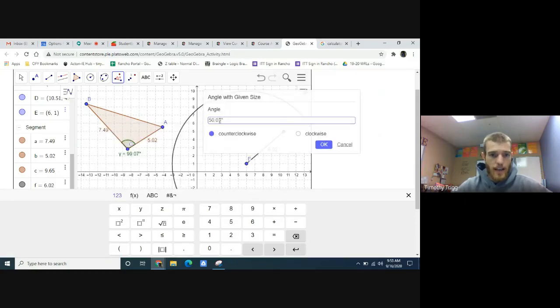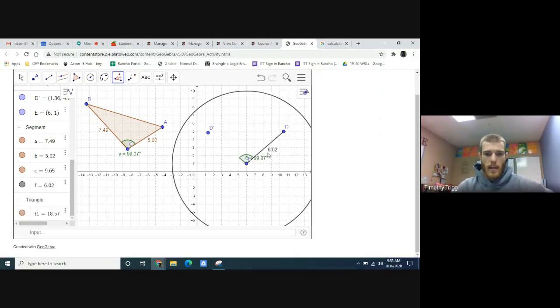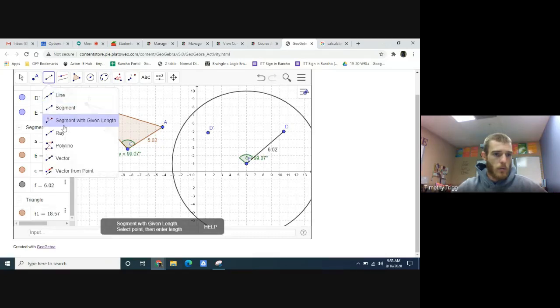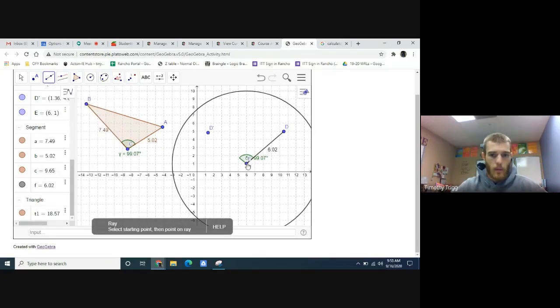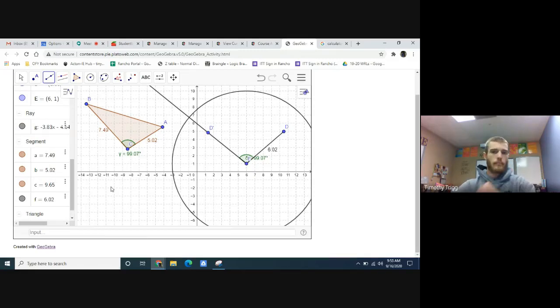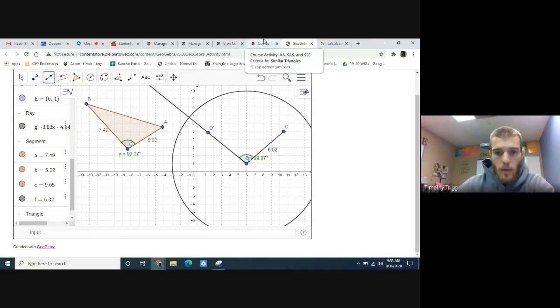So in our case, that's 99.07. We want counterclockwise. Okay. So then it produces that. And now what we want to do is go to this tool right here. Click on that. We want to go to ray. Click E, then D prime. Okay. And there's a lot going on. Hopefully I'm not going too fast, but it should look something like this.